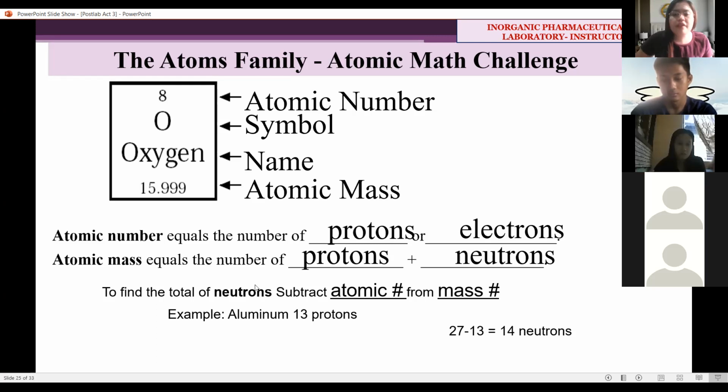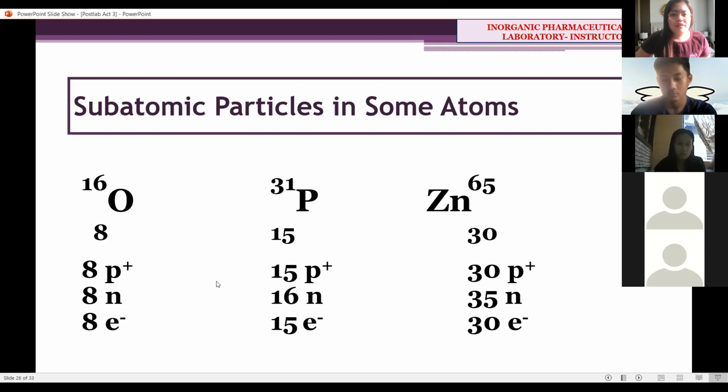Just like this one. Like oxygen, this is given in the activity. Its atomic number is 8, therefore it has 8 protons. It has no charge, so it also has 8 electrons. And for neutrons, 16 minus 8 is 8. So that is how we predict the subatomic particles.